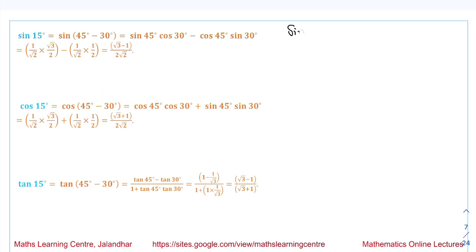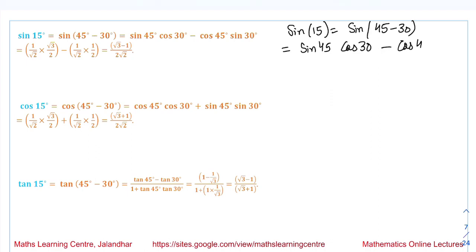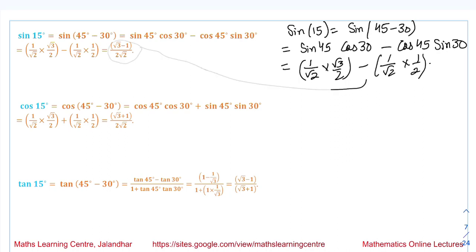When we are talking about sine of 15, we can calculate this value from sine of 45 minus 30, and this comes out to be sine 45 cos 30 minus cos 45 sine 30, and this is equal to 1 by square root 2 into root 3 by 2 minus 1 by square root 2 into 1 by 2, and on solving this you will get square root 3 minus 1 by 2 root 2.